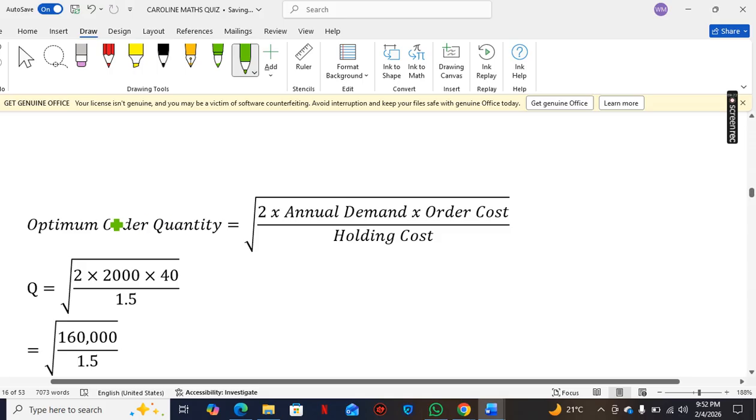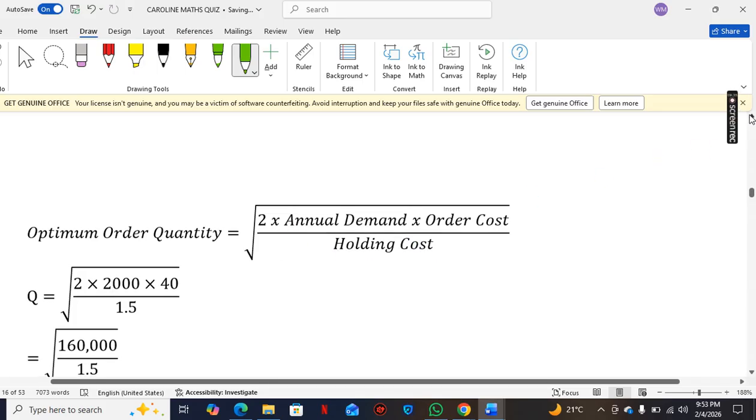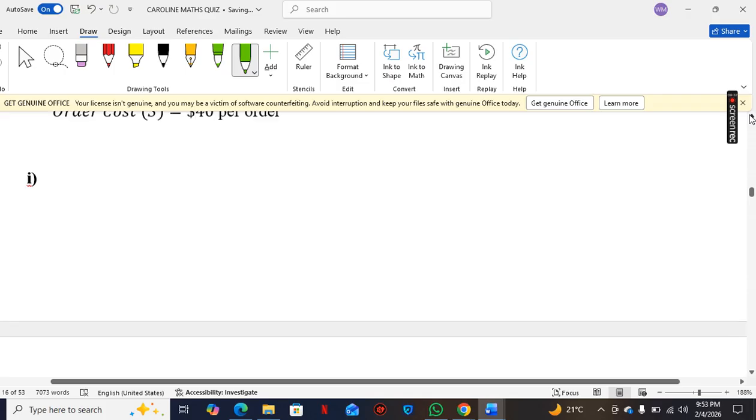Yes, colleagues. So the optimum order quantity, this is the formula: 2 times the annual demand times the order cost divided by the holding cost. Okay. So in the question here, they told us annual demand is 2,000 units.